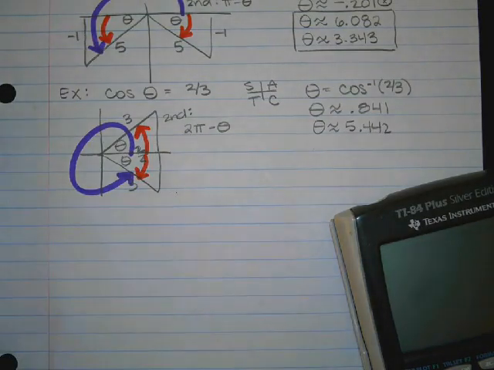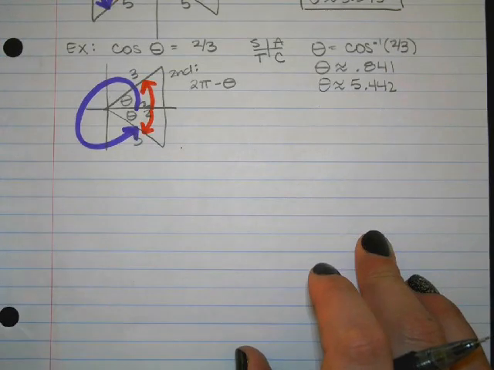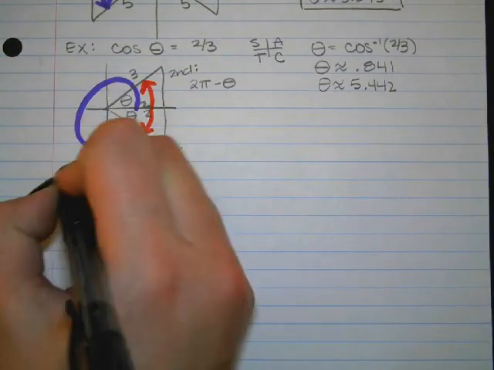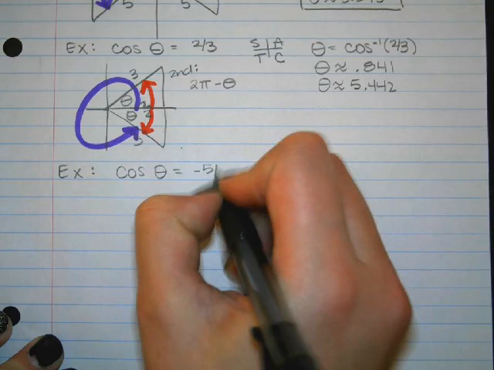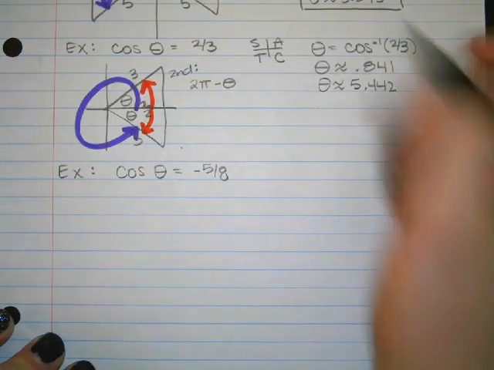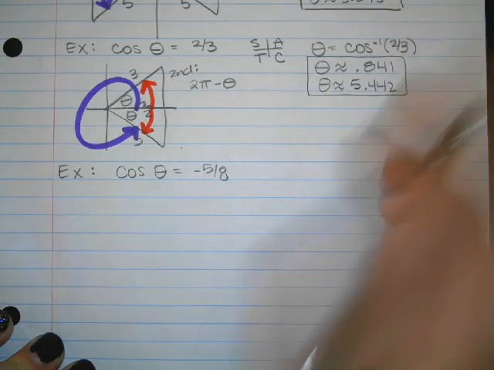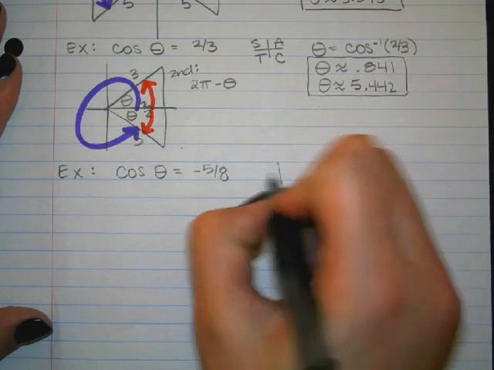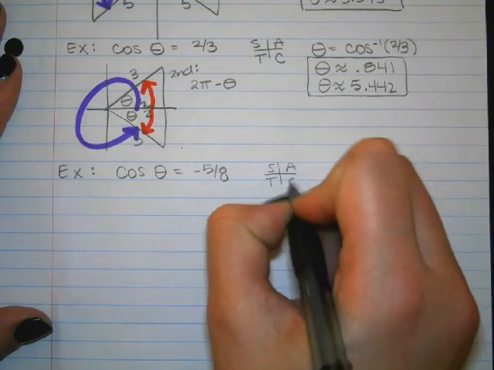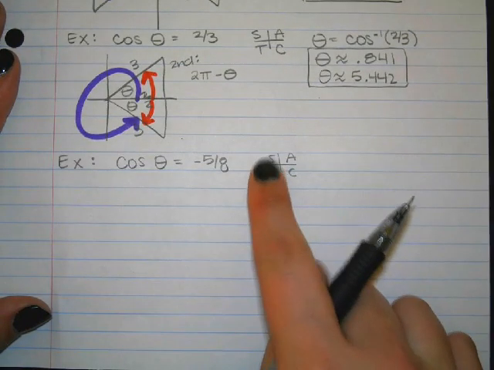All right, so we also want to do an example where we have a negative cos. So here I'm going to say cos theta equals negative 5/8. Okay, so cos theta equals negative 5/8. And again, we're going to think all students talk constantly. And so the 2 quadrants where cos is negative would be quadrant 2 and 3.